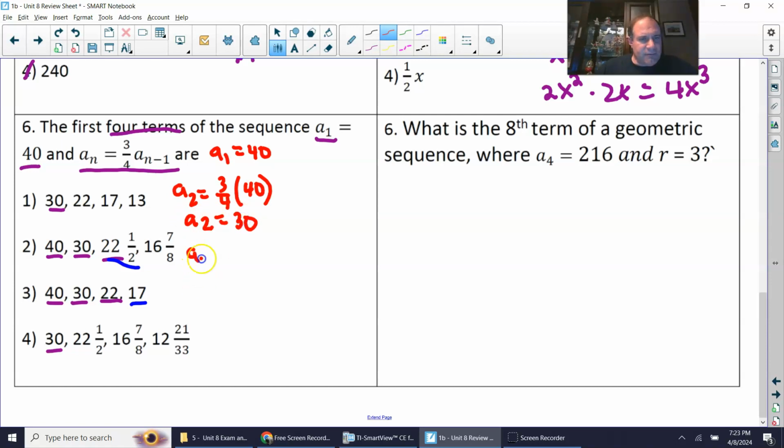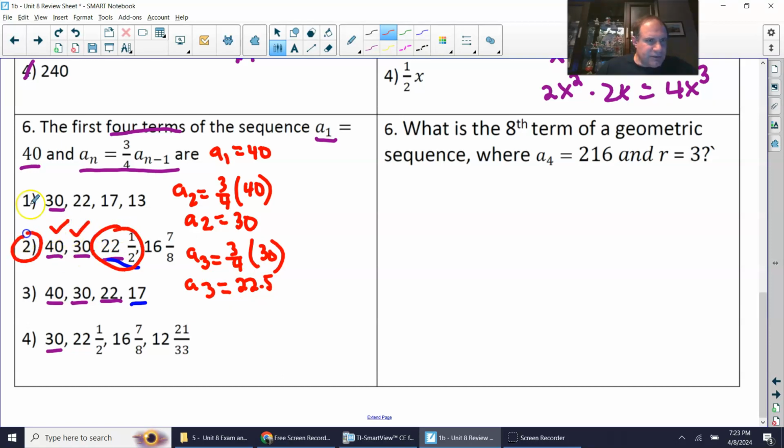Then you go to a sub 3. A sub 3 equals 3 over 4 times the previous term, which is 30. Then a sub 3 is 22.5. So you know it's this right here. So this works out, 2 is your answer.